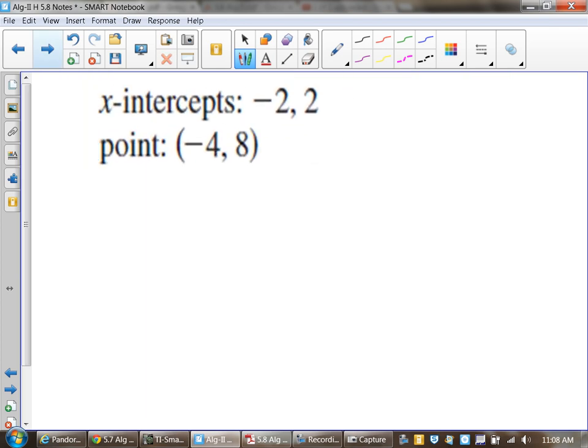It doesn't give you a graph, but it tells you what your x-intercepts are. Your x-intercepts are negative 2 and 2, and your point is negative 4 and 8.